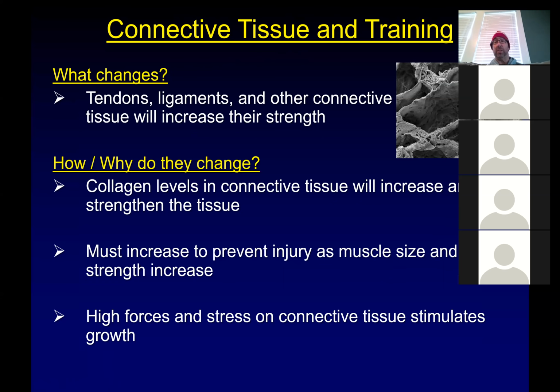And so you see lots of connective tissue injuries in people that have taken steroids, because their muscles are really big and strong. They can apply all these really high forces, and their connective tissue hasn't caught up yet. Those two things are out of balance, and therefore we see a higher propensity for tears and strains and things that involve the connective tissue.